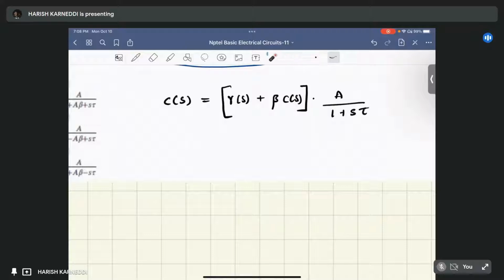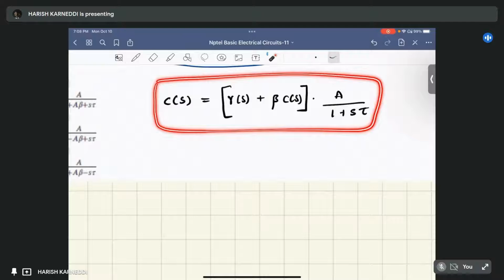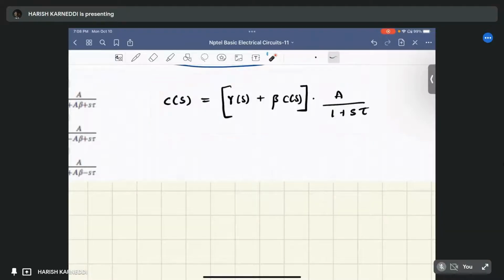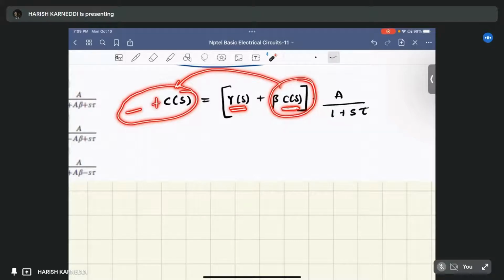So from this expression we want to find C of S by R of S. Here we have C of S, here we have R of S, and here one more C of S was there. We will send this C of S to this side, so both the C of S terms will be on one side.